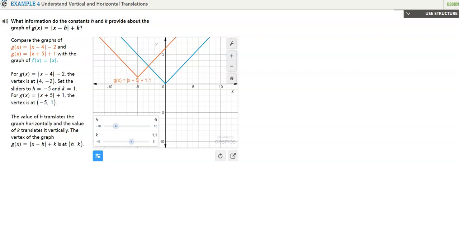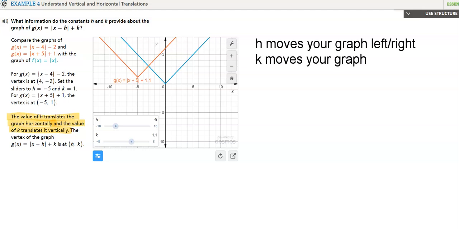The value of H in this parent function translates the graph horizontally, that means side to side, and the value of K translates it vertically. So if we're going to type, and now Ms. Kirkwood is going to type for me because she knows how to do this, okay? So H moves your graph left, right, and K moves your graph up, down.